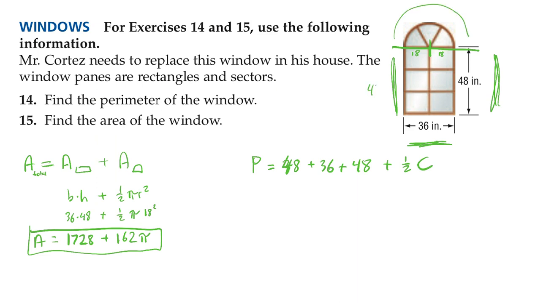So three sides of the rectangle, and then plus the half of the circumference. So adding those together, we get 132 plus, and then half the circumference is half of 2 pi r. Well, the half and the 2 cancel out, so we just get pi times radius. And we know the radius is 18, so the perimeter is 132 plus 18 pi.